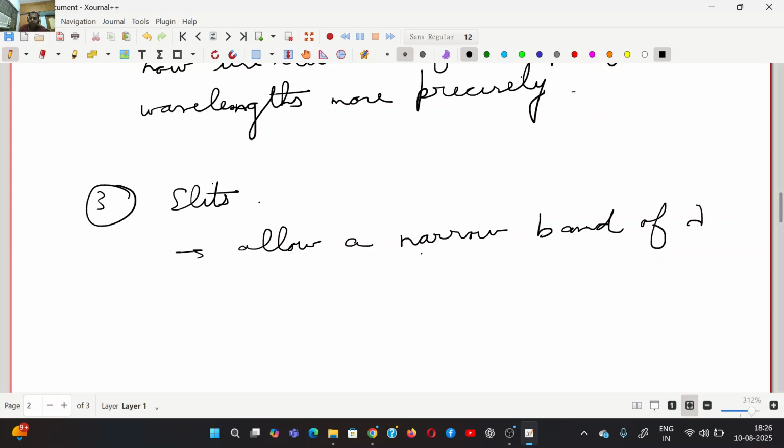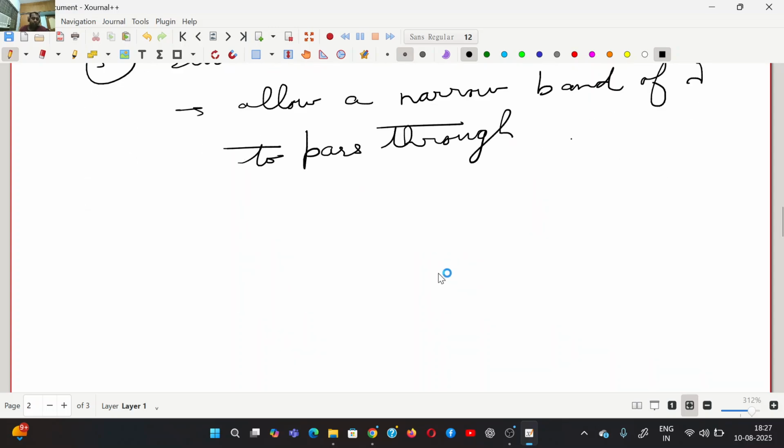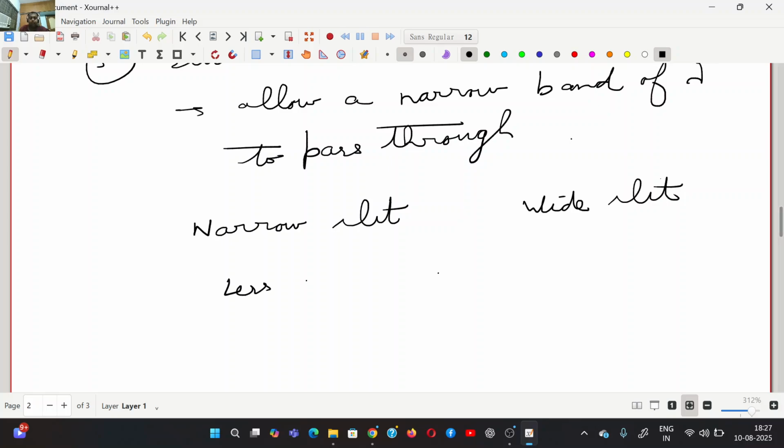our narrow band of wavelength to pass through. Okay. So narrower the slit, less the light but higher resolution. So if I make a comparison between narrow slit and wide slit, this has less light passing through, wide slit, more light will pass through. But here, less light, but better resolution.